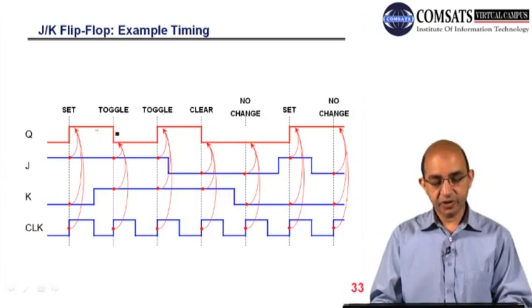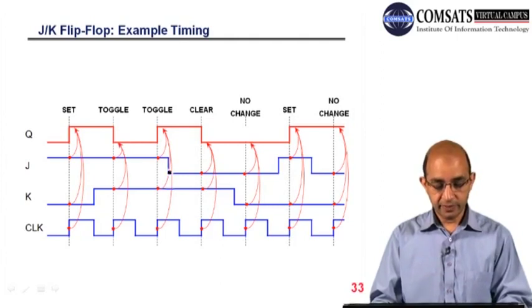You can see this is a toggle from low to high to low, and this will remain low till the next clock. Again here we have the active edge, J 1, K 1, so again toggle, from 0 to 1. So you can understand the toggle. If we have a 0, we will have 1. And here we have a 1, we move to 0.